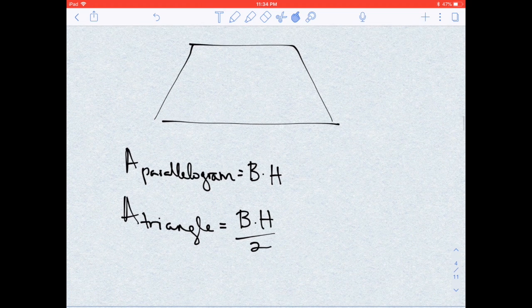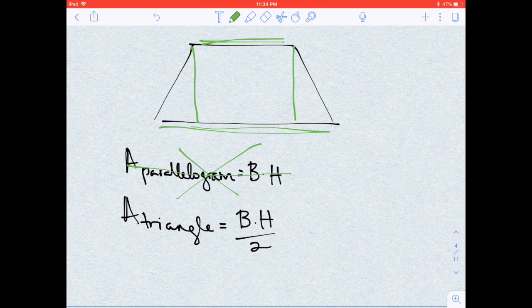So when I'm trying to figure out a formula for a trapezoid, it's a little complicated. I can't do a parallelogram because that would be my base times my height. The problem is I have 2 bases that are 2 different lengths, so I can't do that one. And if I do my area of my triangle, well, I have a triangle here and a triangle there, but I can't do that either.